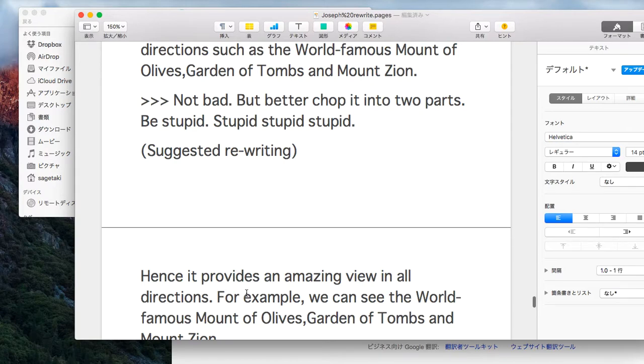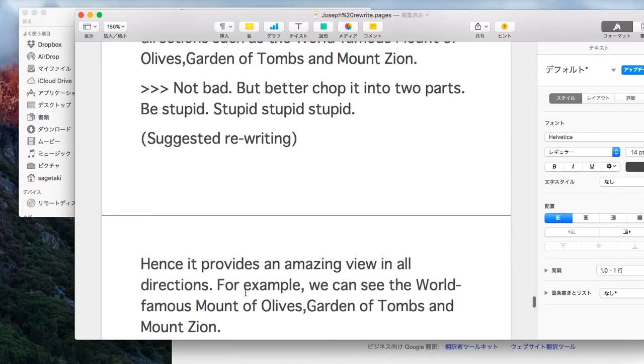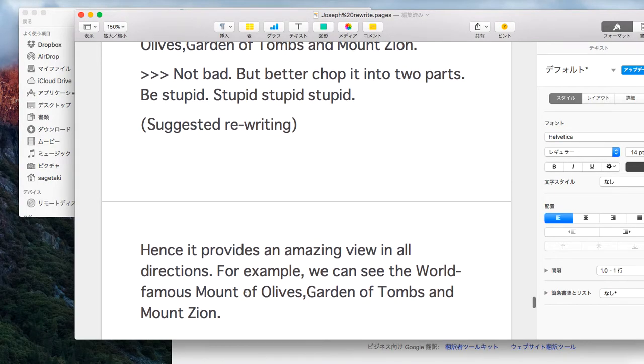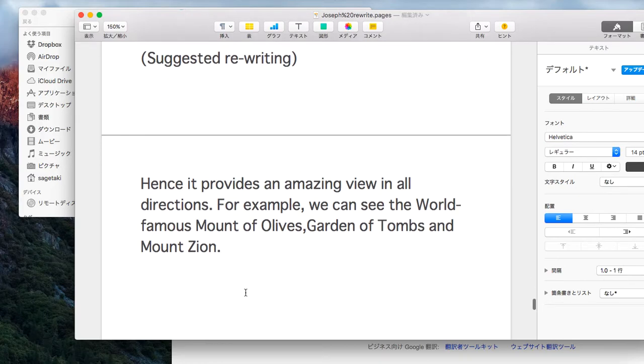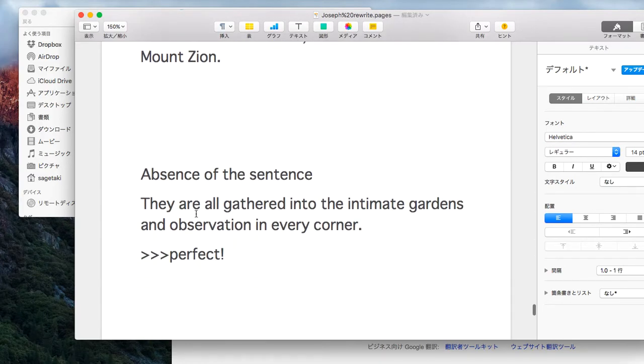For example, we can see the world famous Mount Olives, Garden of Tombs, and Mount Zion. Sounds stupid enough? Okay, let's move on to the next one. Here it says, they are all gathered into the intimate gardens of observation in every corner.